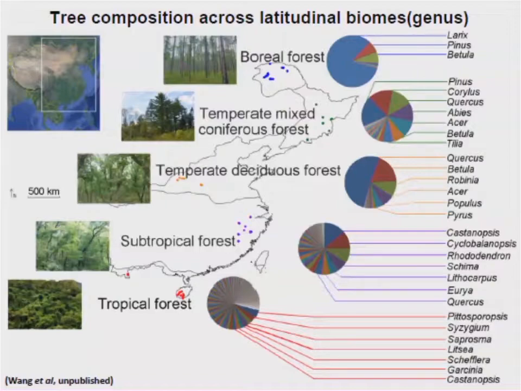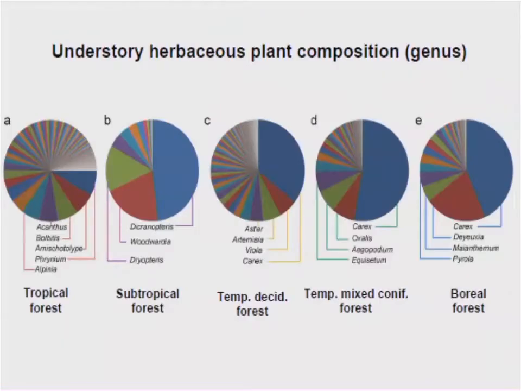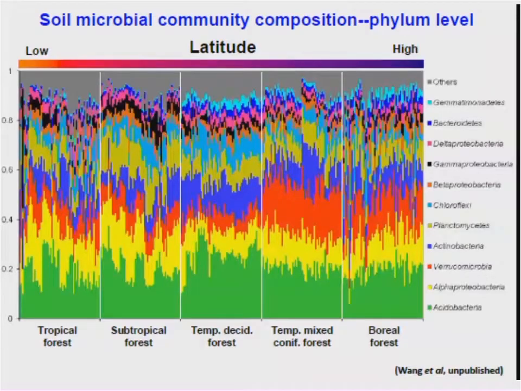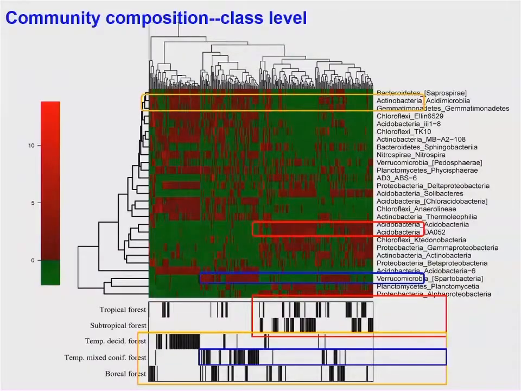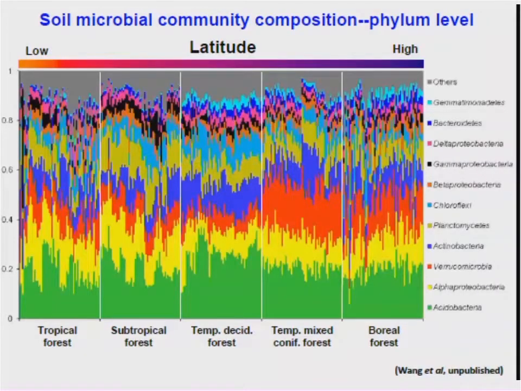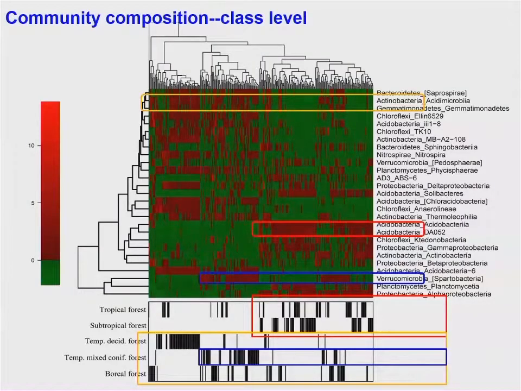This is geographic distribution, and also the understory shrubs, plant composition and the grass, how they will change. And then the microbes, how the microbes will change. I will not go into the details. And this is at different levels. The previous one is at the phylum level, and this is the class level.